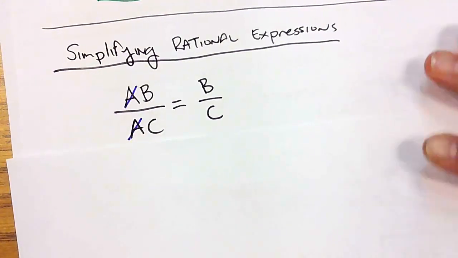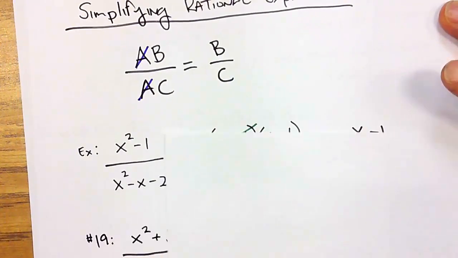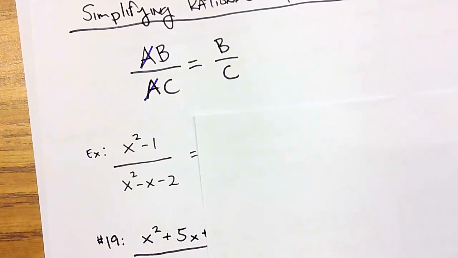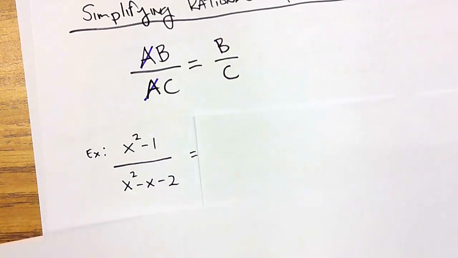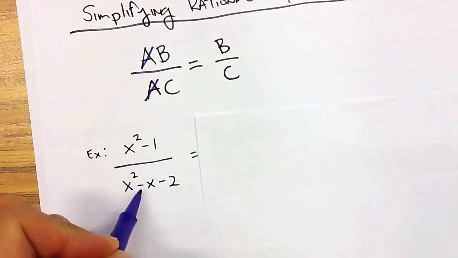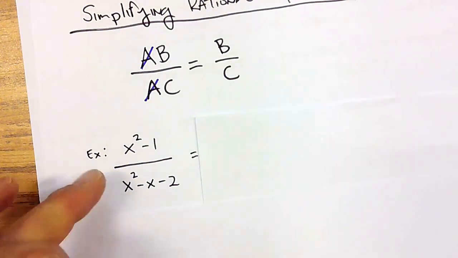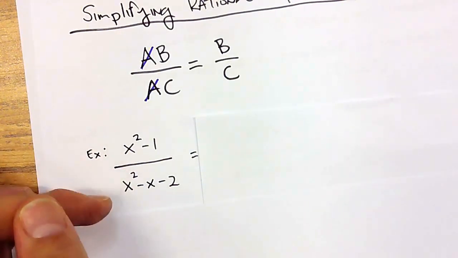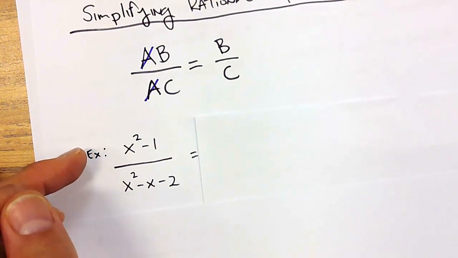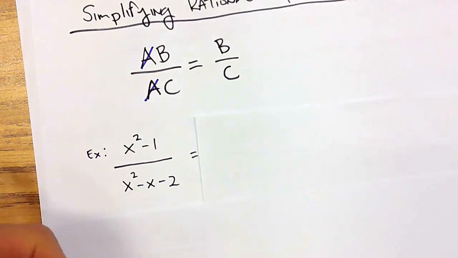If we have this example here, I don't want to show you the answer, so I'm going to cover it up: x squared minus 1 divided by x squared minus x minus 2. In this form, nothing is similar, so we cannot cancel anything out.